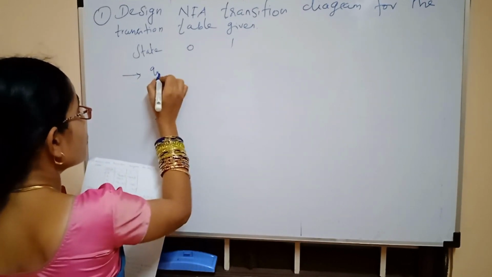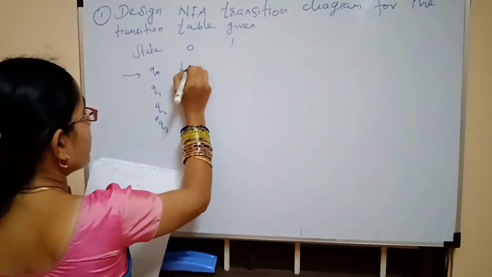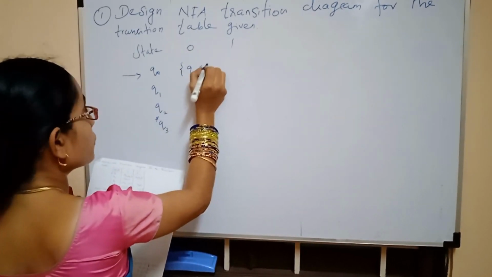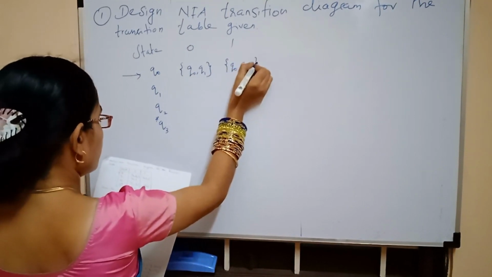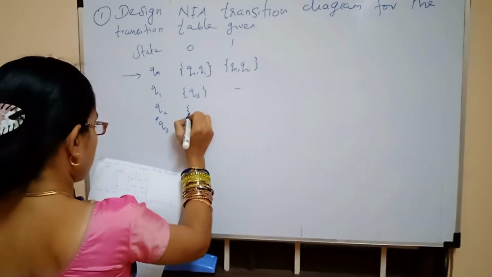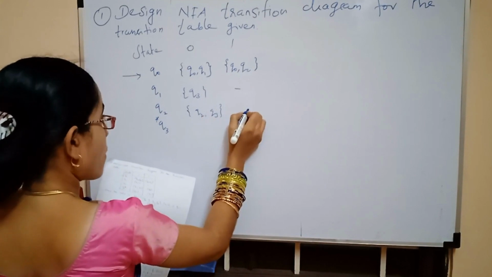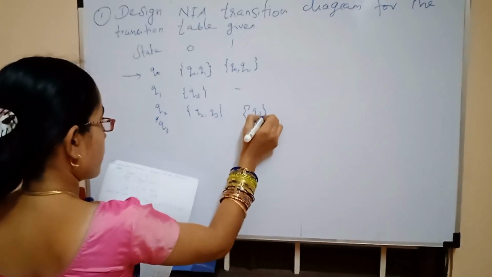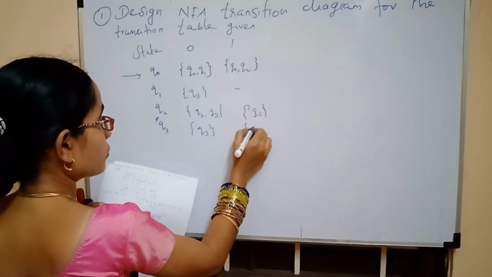Q0 is the starting state, Q3 is the final state, and they have given the transitions: Q0, Q1, Q2, Q3, Q2, Q3, and Q3.